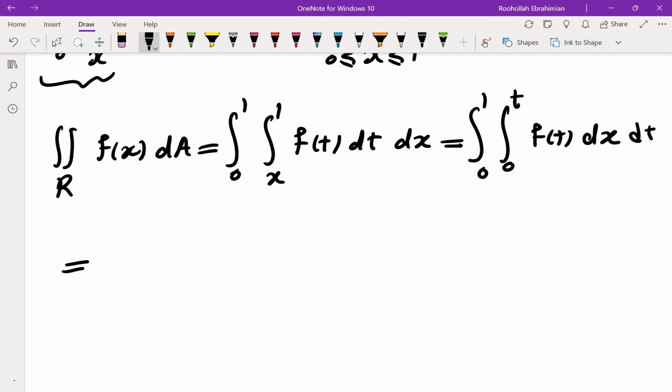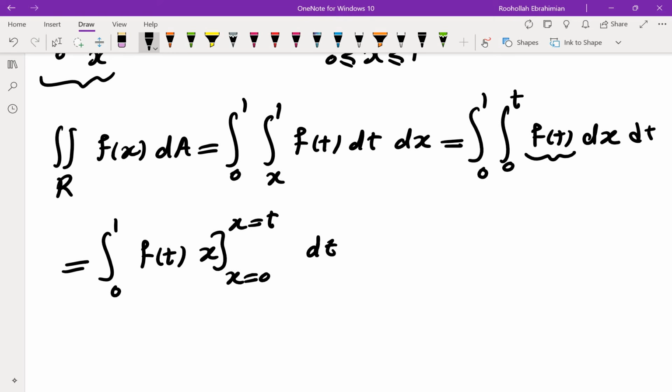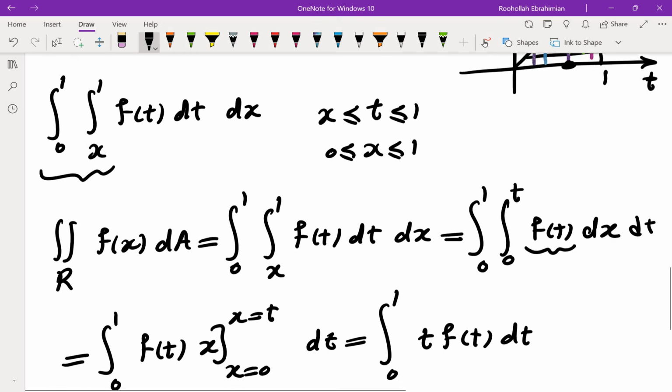Now if we evaluate this one, f of t is a constant, so we get f of t times x, x equals 0 to x equals t, dt. And if we plug that in, we get t f of t dt, which is really related to what we have done before.